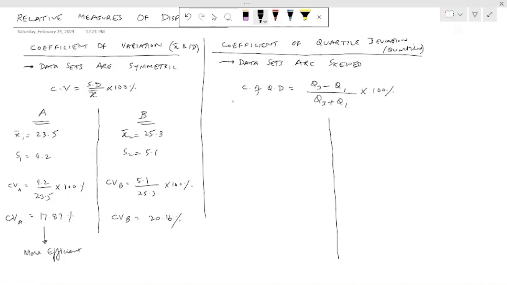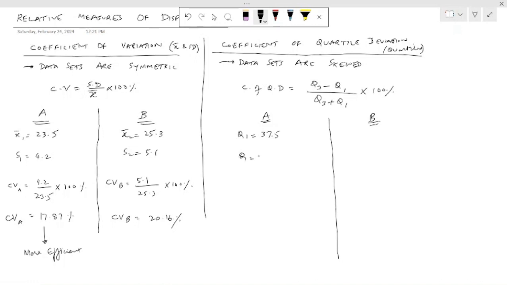Similarly, here for two workers A and B, I'm giving you two data sets. Q1 for worker A is 37.5.